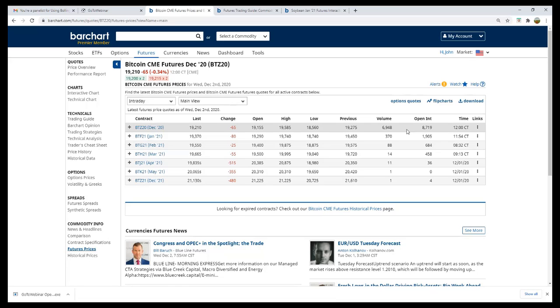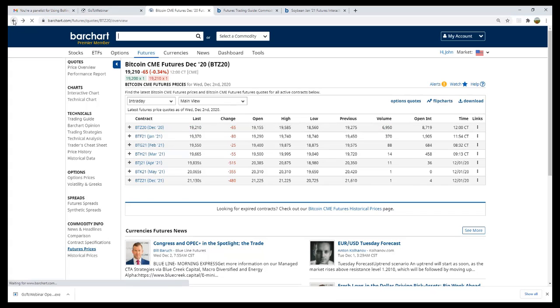So we want to make sure that we have enough volume to support our trading activity, and we have open interest. The greater the open interest, more market participants, especially institutional players, are making commitments to those markets.